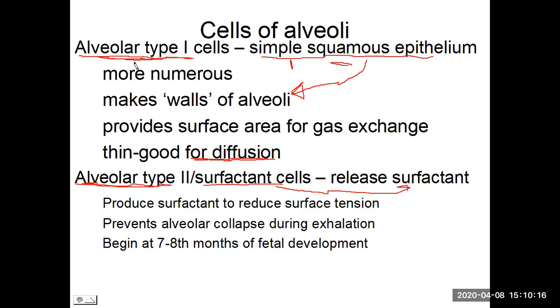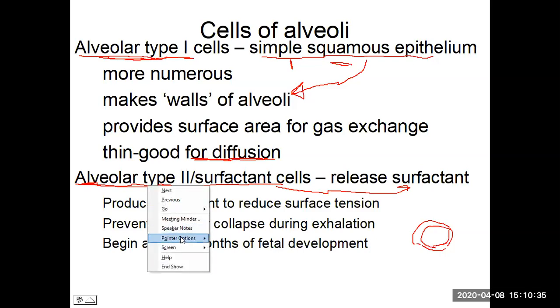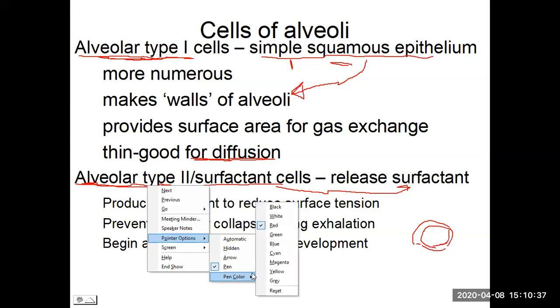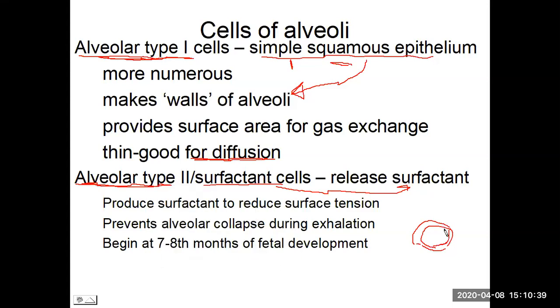And to describe this, we'll start with the type 1 cell. The type 1 cell is, of course, making the structure of the alveoli. So we're just drawing a little air chamber here. And now the type 2 cell, the surfactant cell, its purpose is to produce and secrete this chemical surfactant that lines the internal surface of the alveoli.